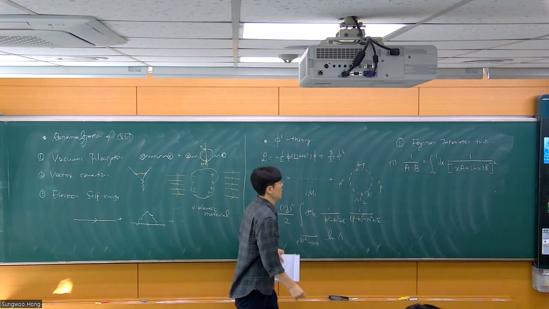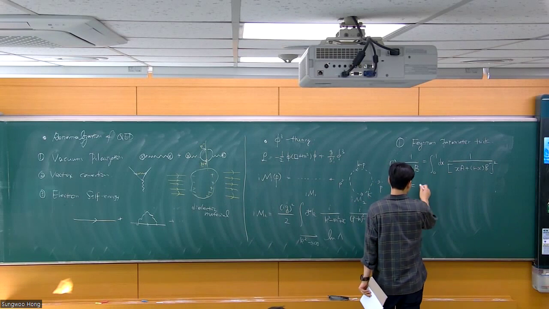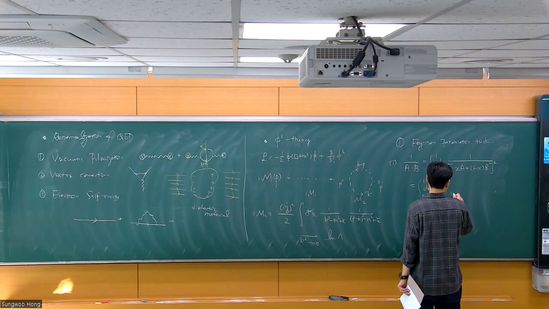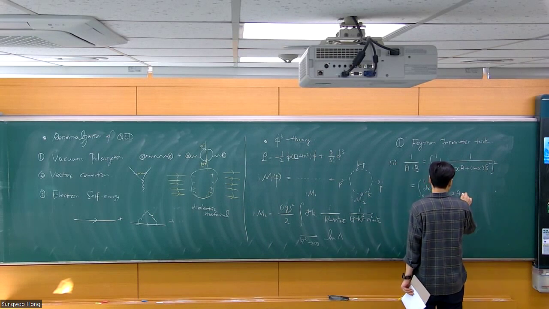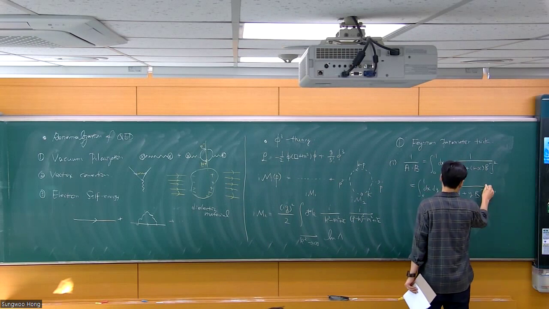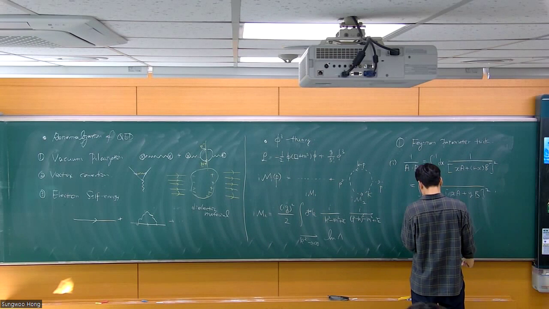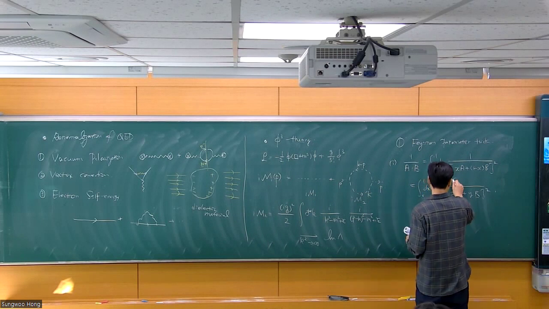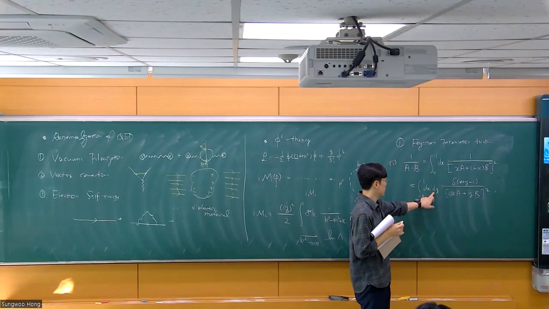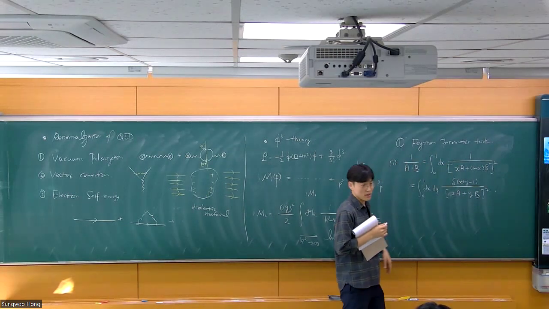Another way of writing the same thing, which will be useful when we generalize this to many factors, is the integral over x and y of 1 over [x a plus y b] squared, times delta of x plus y minus 1. If you just perform the y integral using the delta, you get back to the previous form.